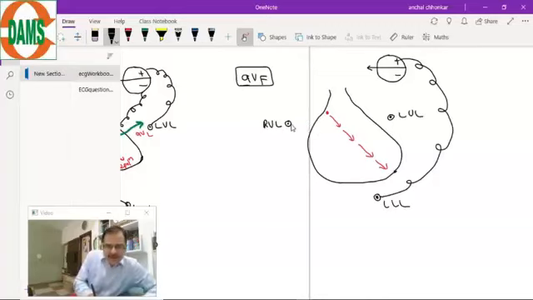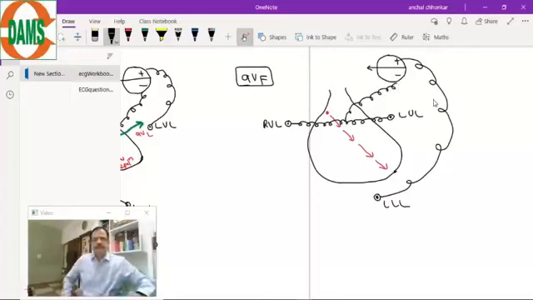We will take a wire, and that combined wire will go into the negative pole. So if someone asks you what is the exploring electrode of AVF, the answer is left lower leg.